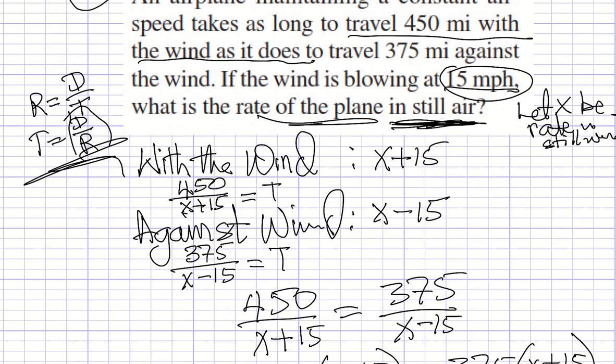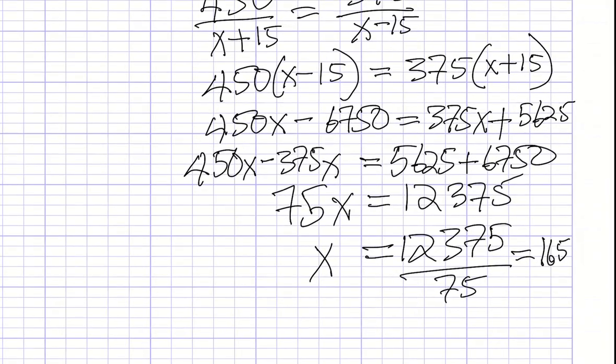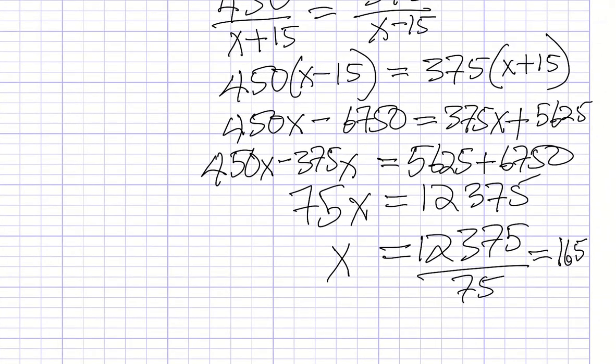When you simplify, you get that, and then you divide. When you add this, you get that, and then you divide, you get that. I was interrupted, so sorry about that. But that's what you get: 165. That's the answer.